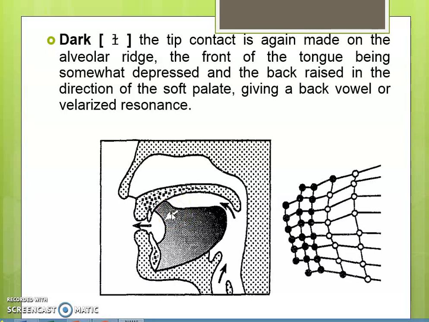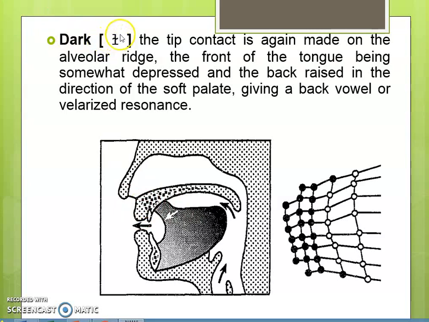We saw in the previous figure for the clear lateral that the front goes in the direction of the hard palate. Well, in this case, for the dark L, it's depressed, and the back of the tongue is raised in the direction of the soft palate, and that gives the lateral the resonance of a back vowel, like u. So we say this is the dark L.